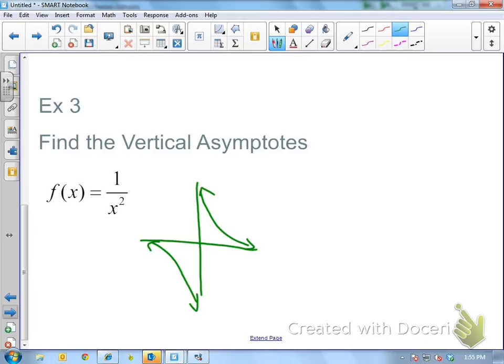So what would we try and approach to check and see if it's a vertical asymptote? What should we be approaching? 0. So I would need to check the limit as x approaches 0 from the right, and the limit as x approaches 0 from the left.